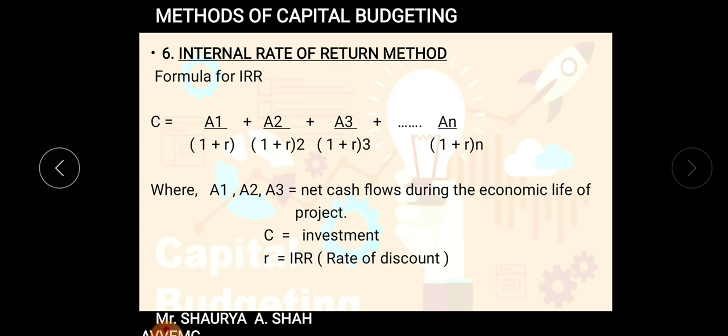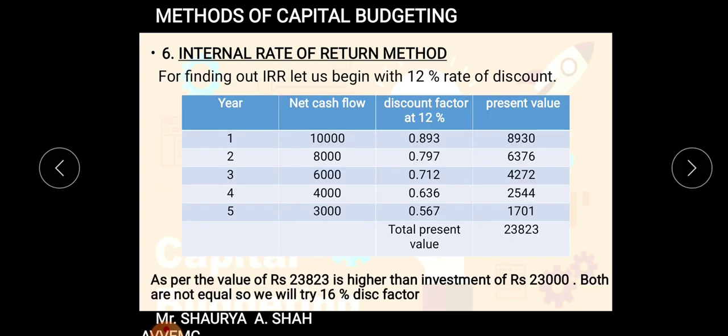Fine. I hope it is clear to each and every student. So first of all, multiplying this with the 12% discount rate, we are just trying. When you try this 12% discounting rate, you will get a present value of 23,823. This is what we used to do in ARR. So 23,823 is the value I am getting.